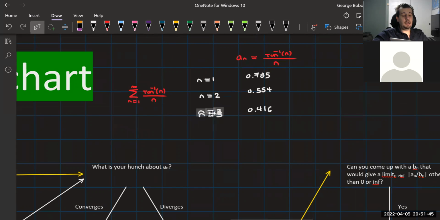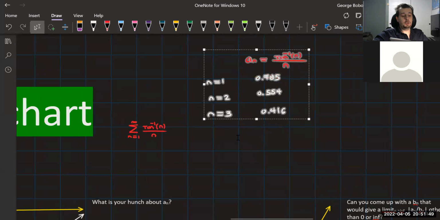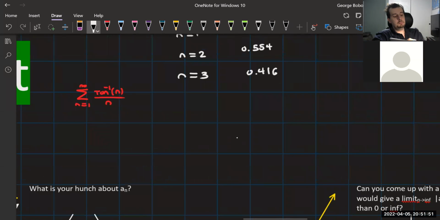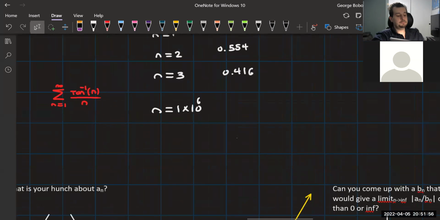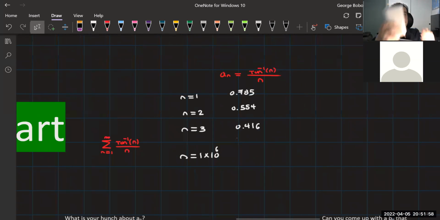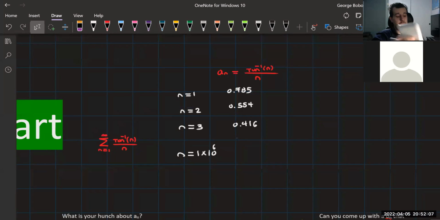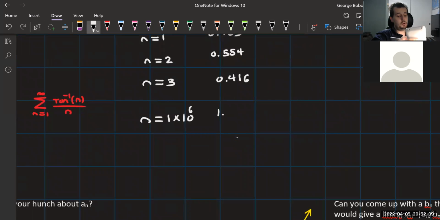And I want to convince myself that I'm not going crazy. So what I'm going to do here as an extra point, I'm going to do n equal to 1 times 10 to the 6. Tan inverse of 10 to the 6 divided by 10 to the 6. It's a small number, but it's still nowhere close to 0. 1, 2, 3, 4, 5, 6.